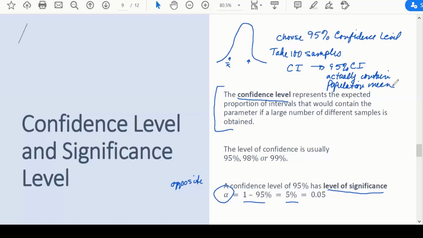About 5% of them won't contain the population mean, but it won't be too far off. It's just that they happen to be a low sample or a high sample.